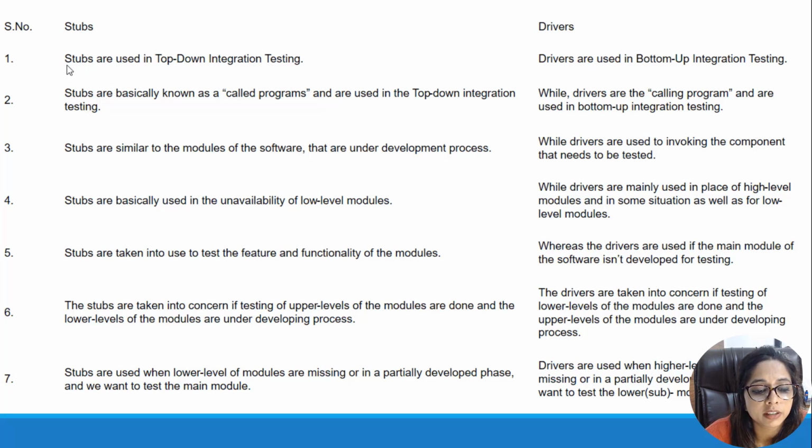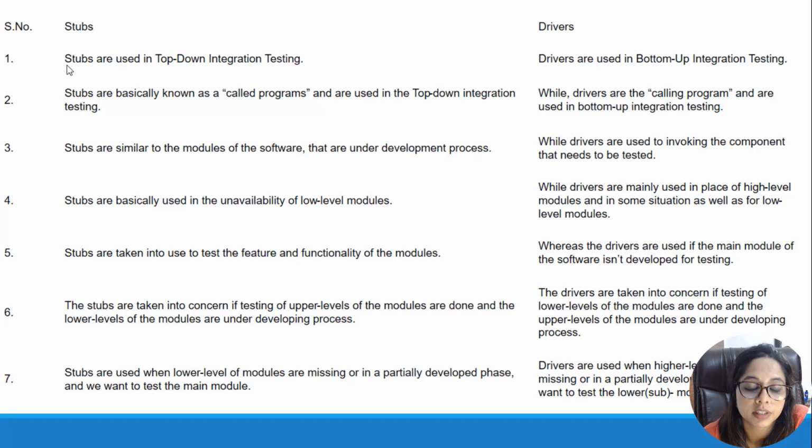Now stubs are taken into use to test features and functionality of the modules, whereas driver is the main module of the entire testing. So in a way, stubs will be helpful in testing the features of the flow, and drivers are the main modules of the testing flow.